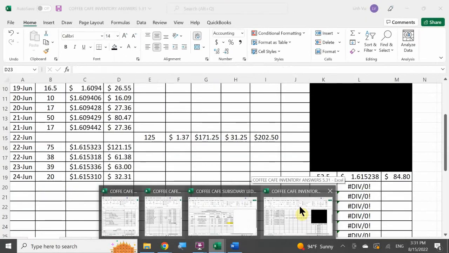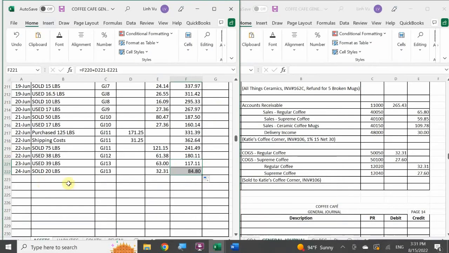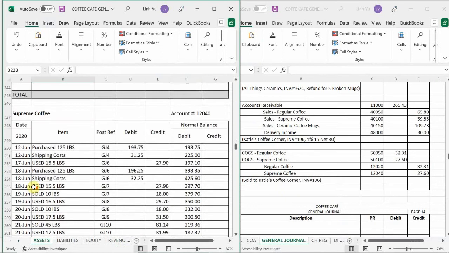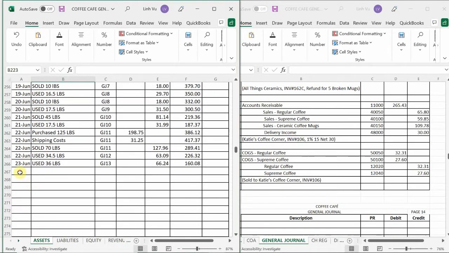And on Supreme, we sold, excuse me, we sold 15 pounds for $27.60.